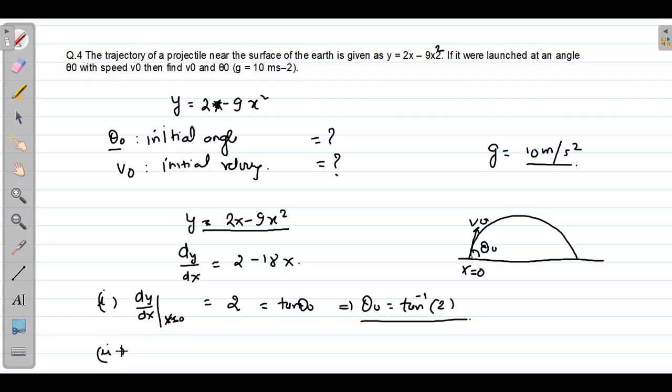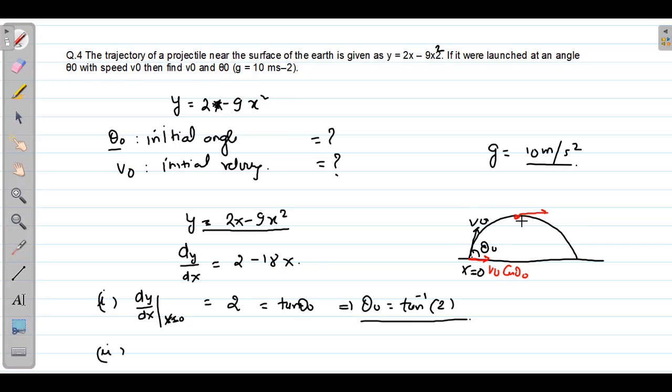Similarly, to find the initial velocity, this is v0 and the horizontal component is v0 cos theta 0. At the highest point, the horizontal component remains the same because there is no acceleration in the horizontal direction, and the velocity becomes 0 in the vertical direction.